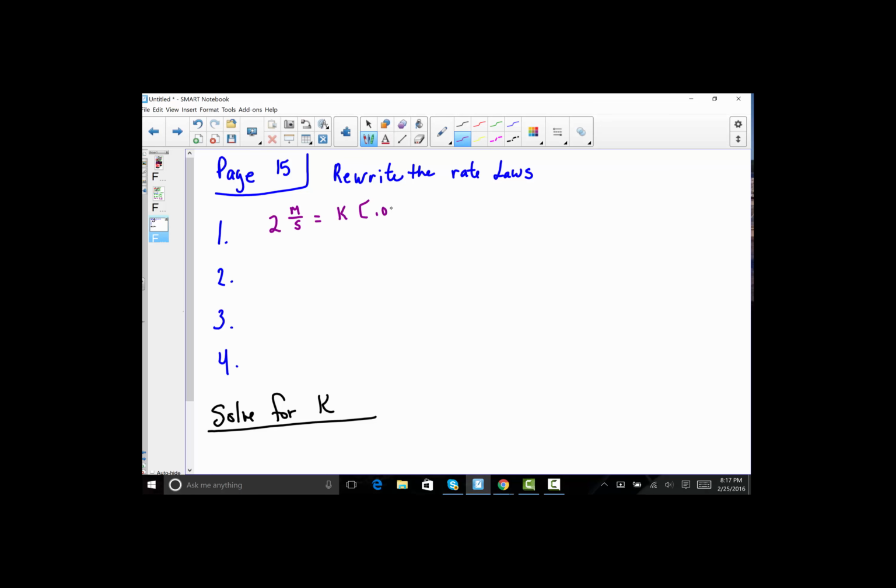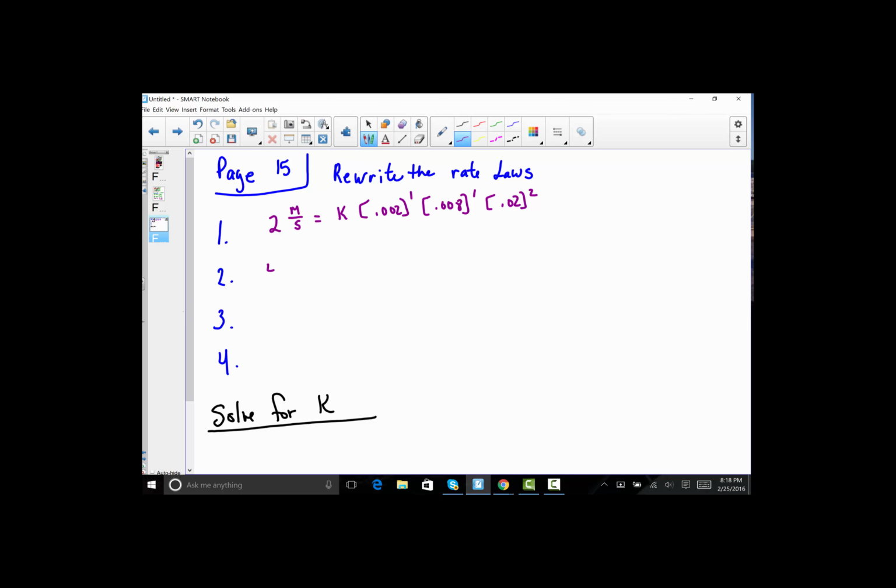It equals k times the concentration of our first reactant, which was first order, times the concentration of our second reactant, which was first order, times the concentration of the acid, which was second order. So we're rewriting all of those rate laws from the previous page, but instead of putting m, n, or p, we're actually putting in the exponent on each of those ingredients.